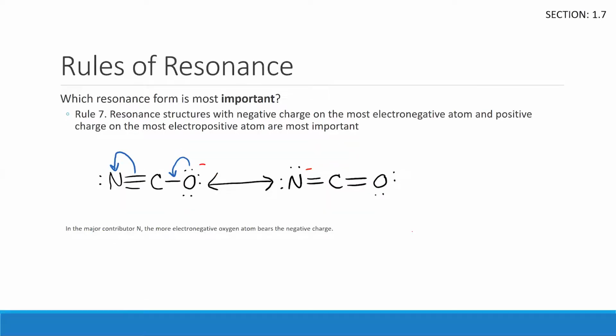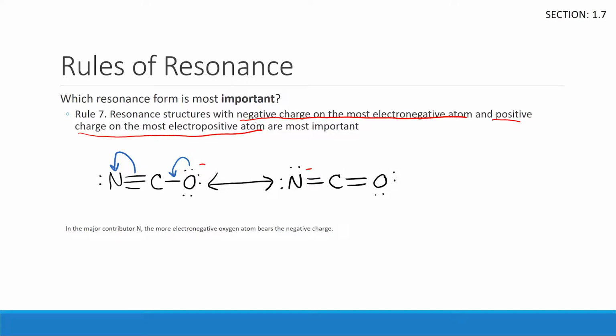Another rule to think about to figure out the importance of structures is that resonance structures with negative charges on the more electronegative atom, so negative charge on the electronegative atom, the atom that likes to be negative, and a positive charge on the more electropositive atom, so the atom that likes to be positive, are the more important and major contributors.